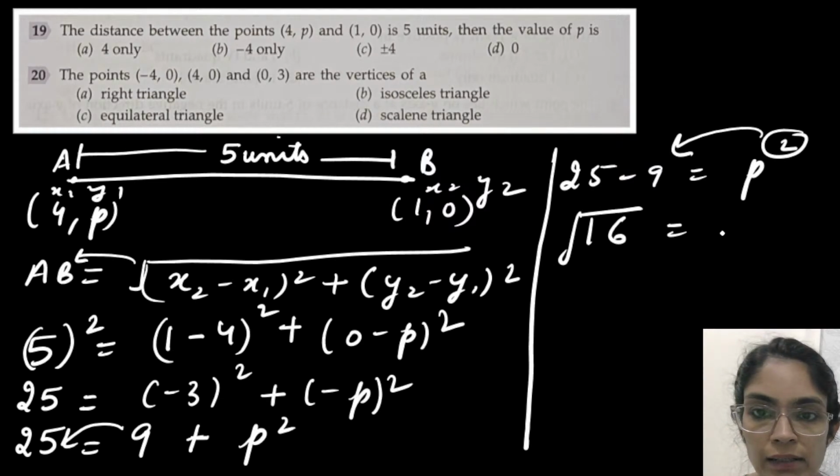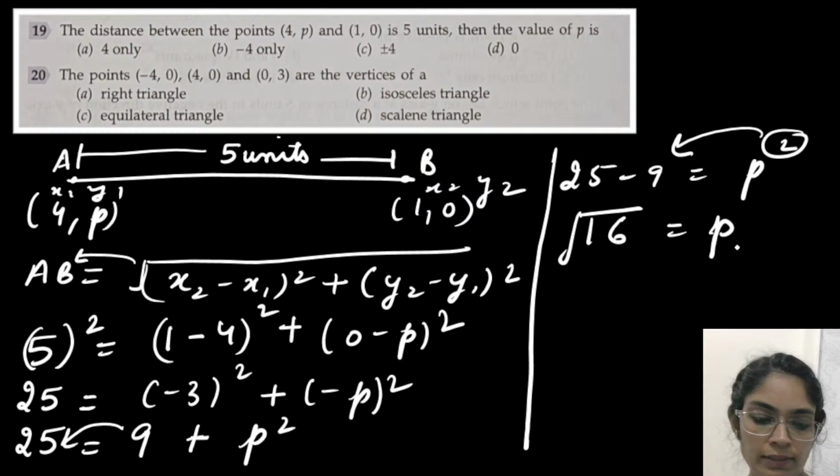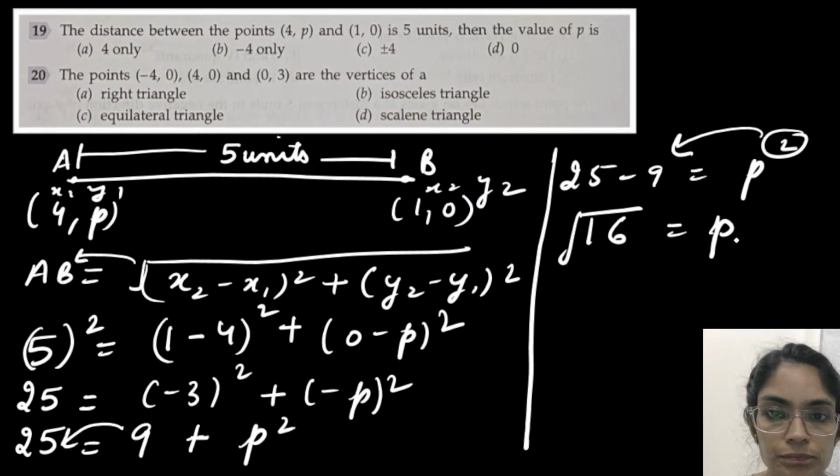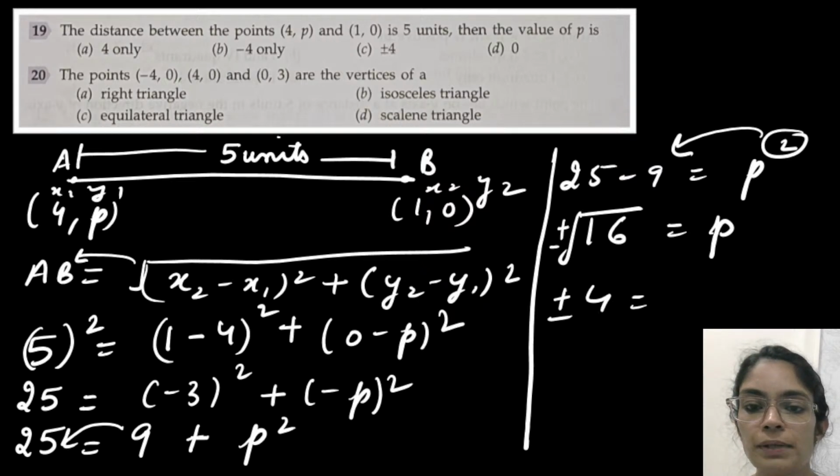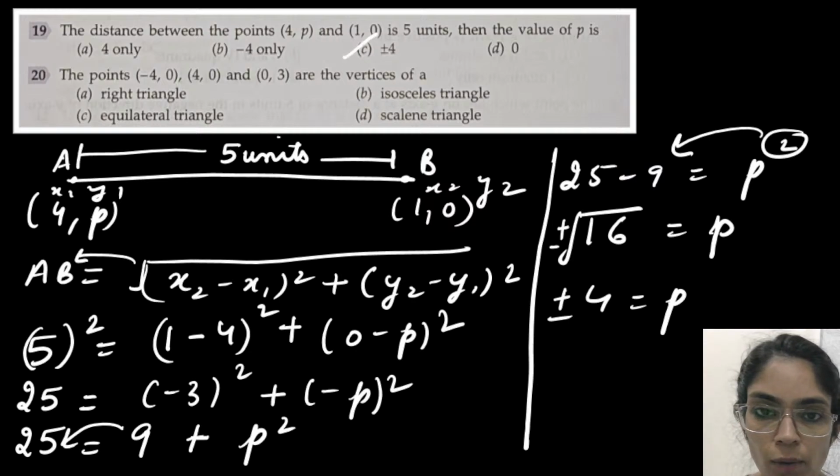So what is the value of p? Square root is always positive as well as negative. So this question was a good question. P's value we will get as positive or negative 4, which is option C.